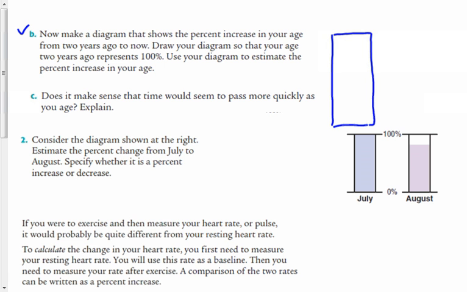So 1, 2, 3, 4, 5, 6, 7, 8, 9, 10, 11. Chop a little bit off there. So there's 11. And that's going to be our 100% now.